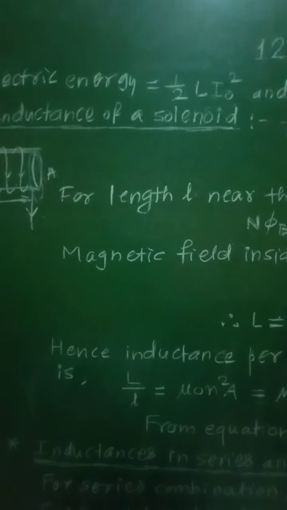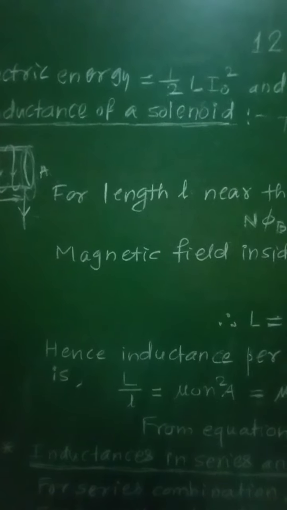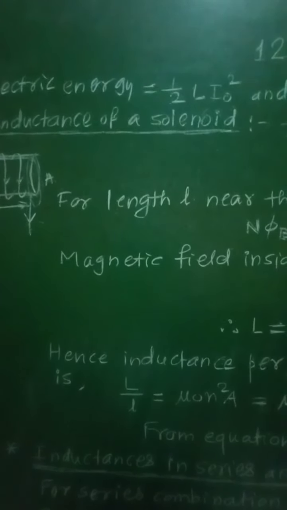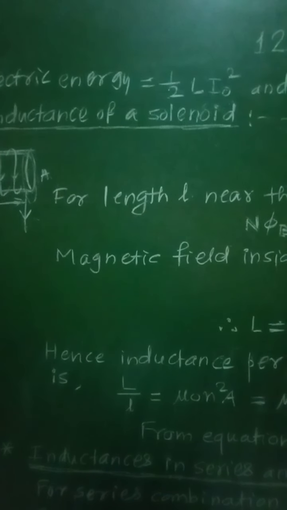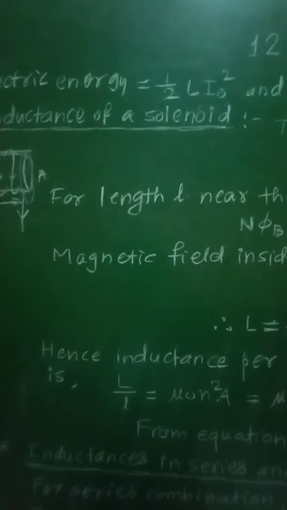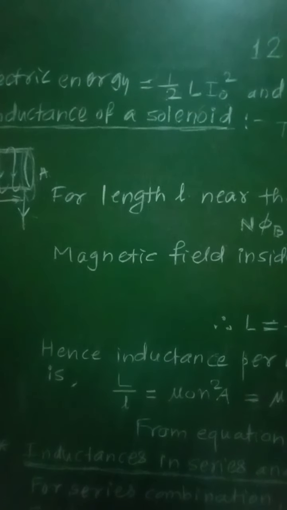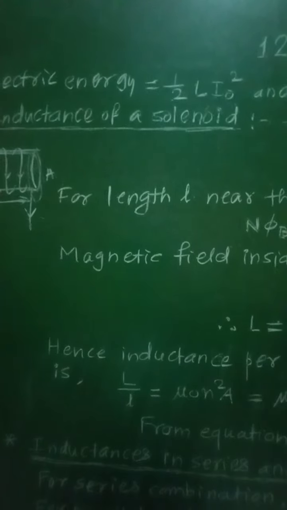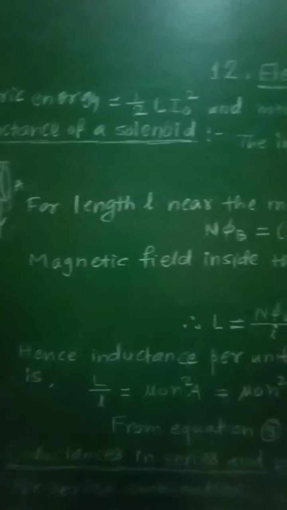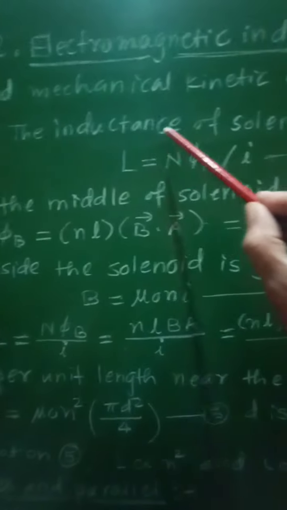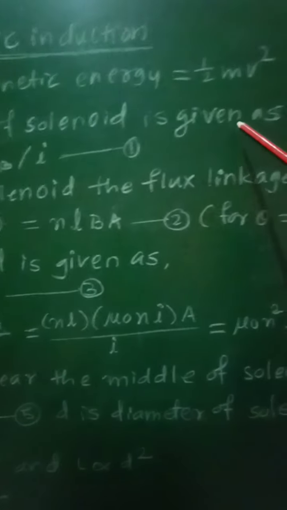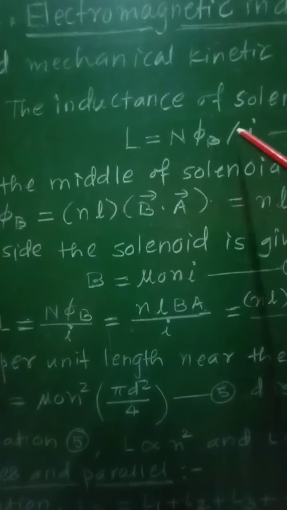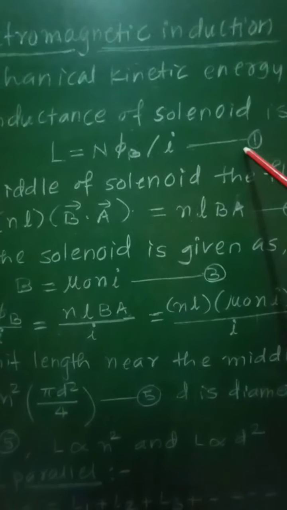When a current I is established in the windings or the turns of a long solenoid, the current produces magnetic flux phi B through the central region of that solenoid, and the inductance of the solenoid is given as L equal to N phi B upon I, equation number 1.